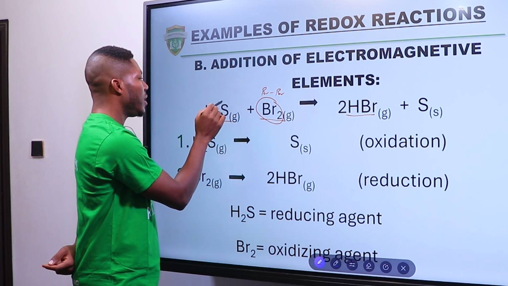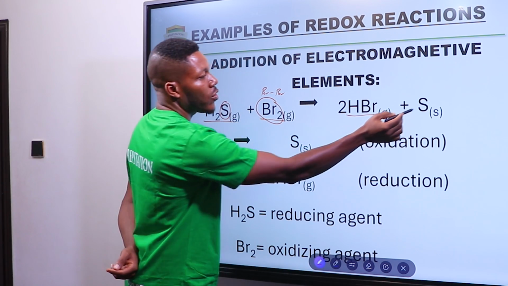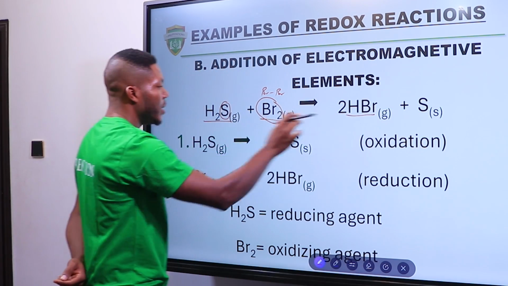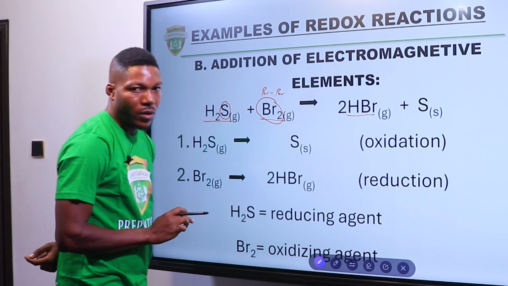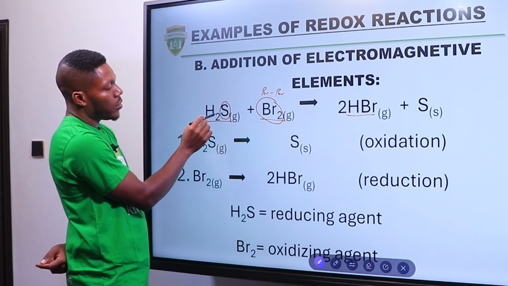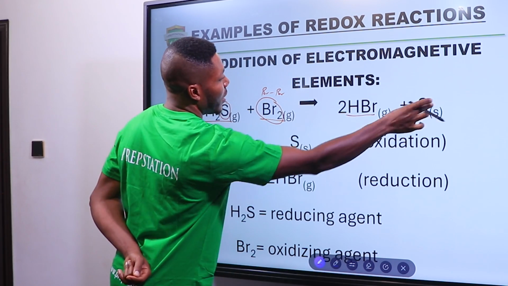Now this guy becomes alone because he has been displaced. That's why we have sulfur standing alone in solid form. So this is a redox reaction, because we are adding a more electronegative element to the hydrogen, and it displaces the sulfur, which stands alone.